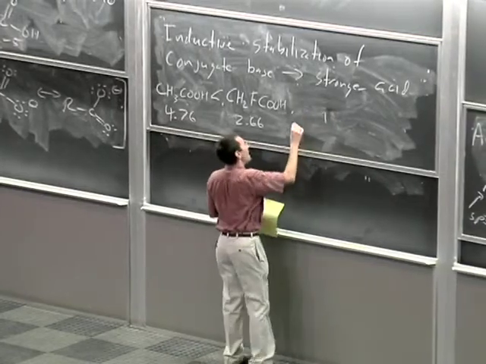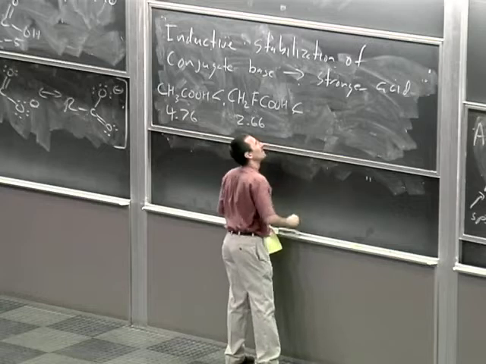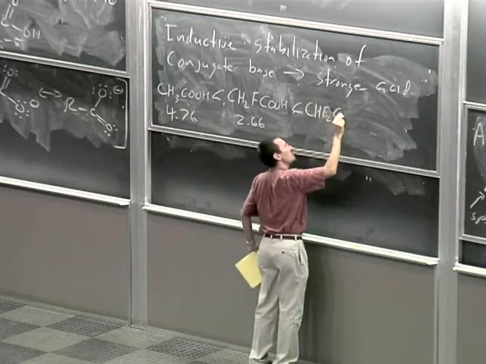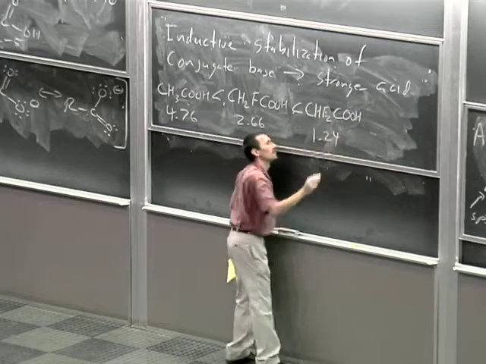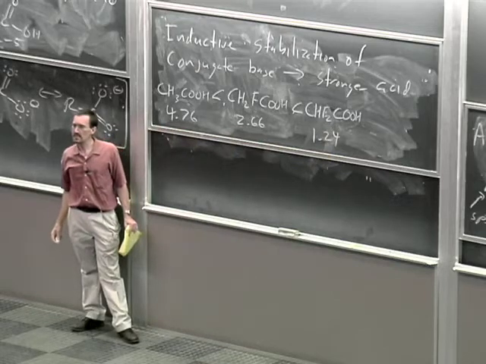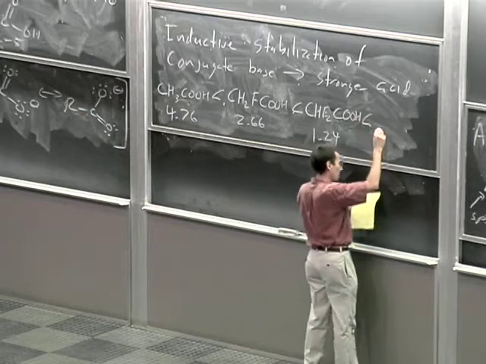Difluoroacetic acid has a pKa of 1.24. CHF2COOH. And trifluoroacetic acid, CF3COOH, has a pKa of 0.23.